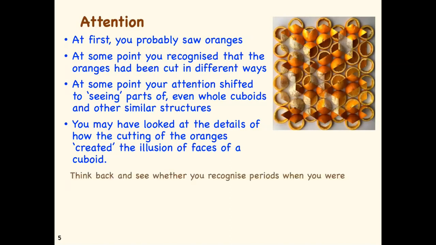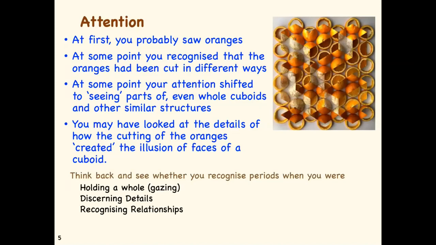So if you pause and think back, you might recognize periods when you were holding a whole or gazing, not just at the whole picture, but possibly at a smaller part of it, without really doing any analysis, just gazing. Or maybe you were discerning some details or recognizing relationships between details that you'd discerned. Or maybe you were perceiving properties as being instantiated, something which happens everywhere.